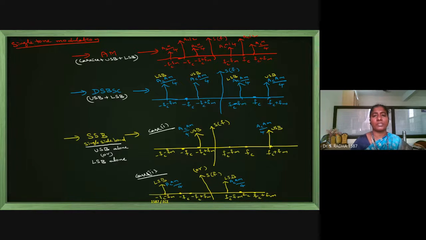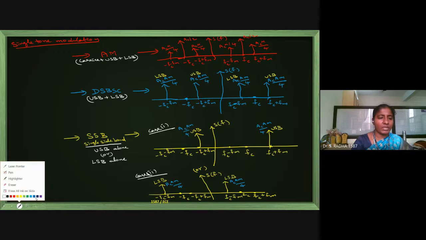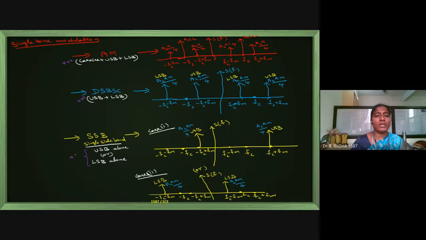This is the difference. You need not memorize any of these diagrams. Whatever I have given in white color, you remember. In AM, we will have carrier, USB, LSB. In DSBSC, we will have USB plus LSB. In single sideband, we will have either USB or LSB.